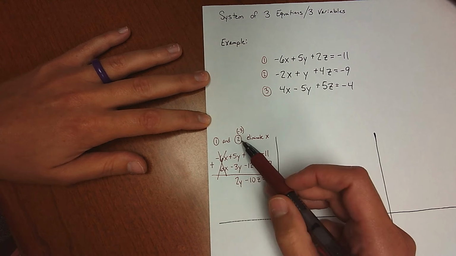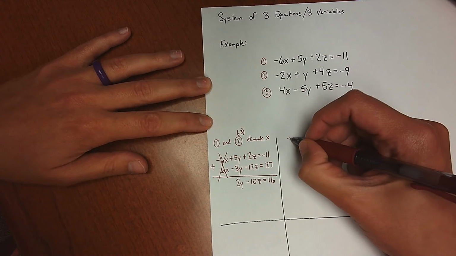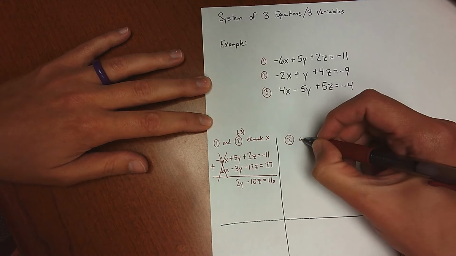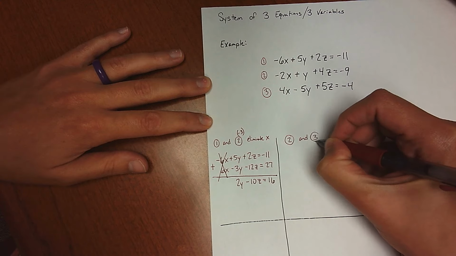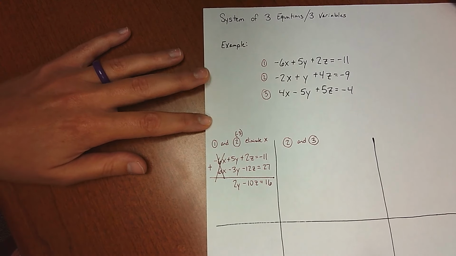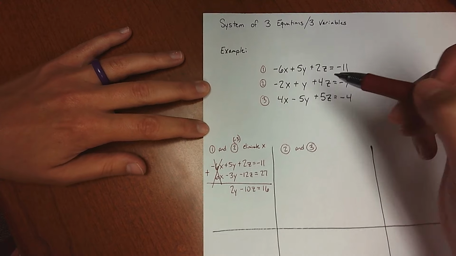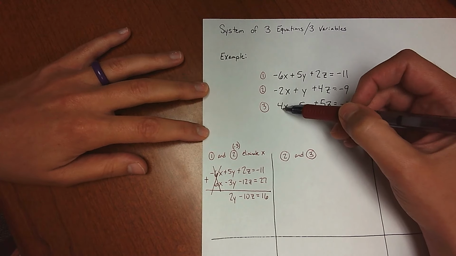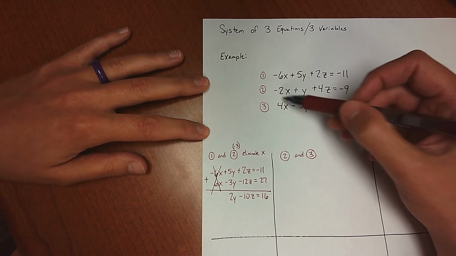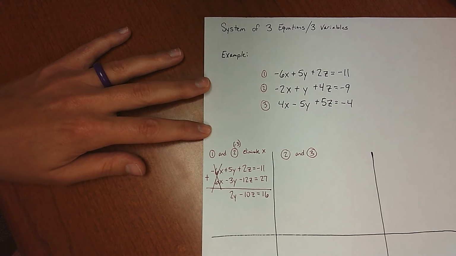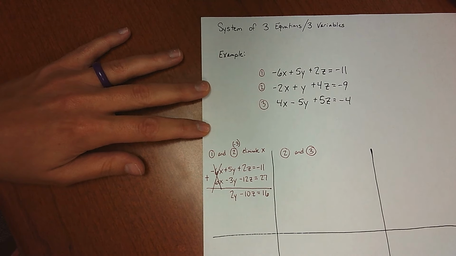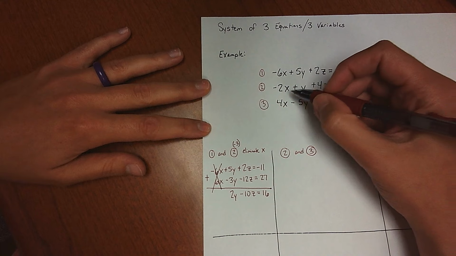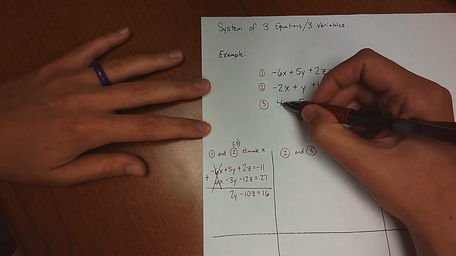Here I did 1 and 2, but now I'm going to use equation 2 and equation 3. Had I done 1 and 3, I could have done that, but I would have had a little larger coefficient. But with 2 and 3, it's going to be easy for me to get the coefficients to match, to be additive inverses. Alright, so -2 and 4.